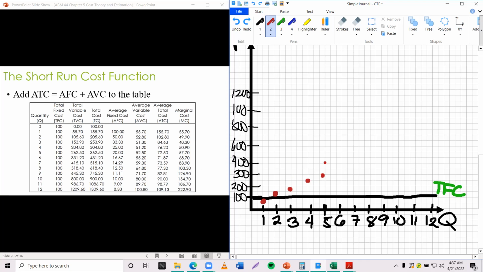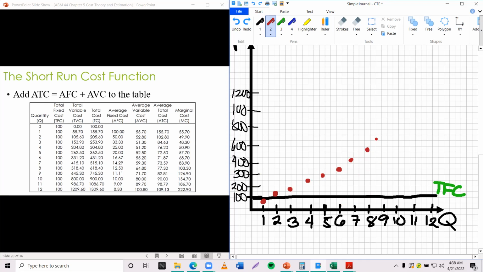Next is 331. So at quantity of 6, 331. Next is 415. At 7, 415. At 8, 518.